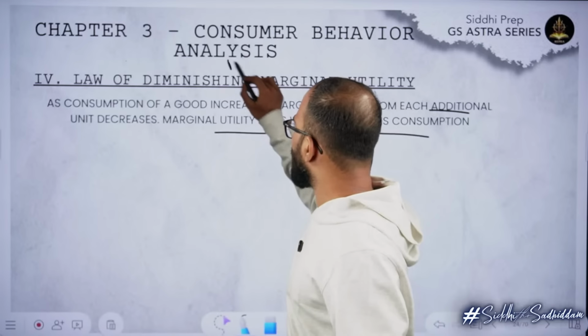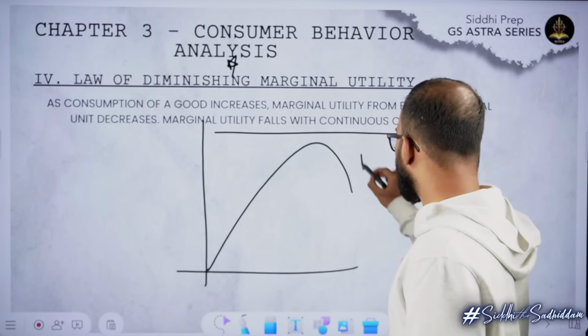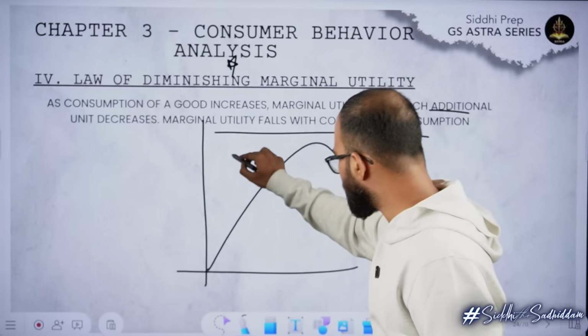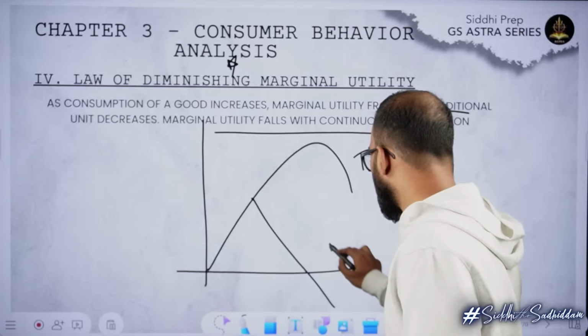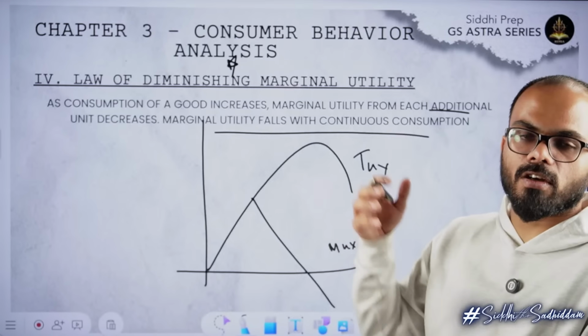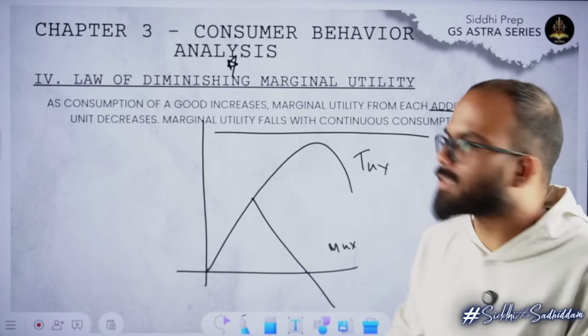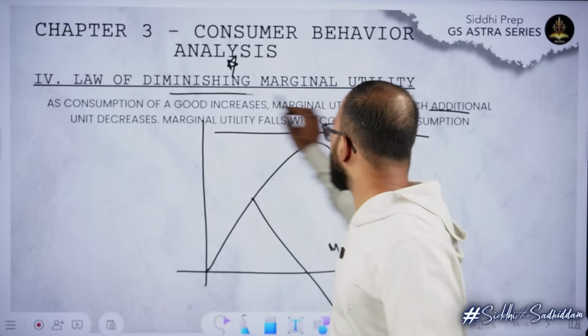This is the law of diminishing marginal utility, and this is how we draw the line. This is total utility and this is, let's say, marginal utility. Marginal utility is a downward sloping line. Marginal utility constantly decreases, total utility increases and decreases. This is the concept of the law of diminishing marginal utility.